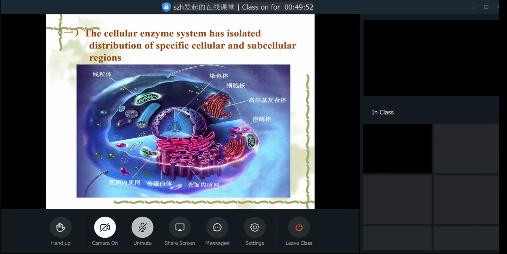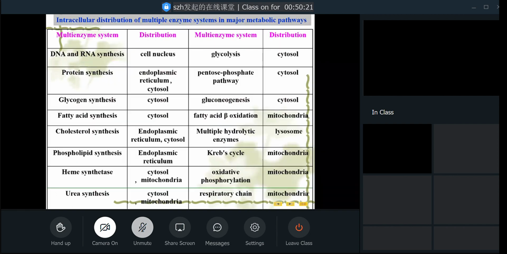And like this, you can see the enzyme system isolated in different regions increases the activity. For example, some chemical reactions finish in the mitochondria, for example oxidative phosphorylation. The protein lysis is in the lysosome and proteasome. Different chemical reactions are distributed in different cellular regions.